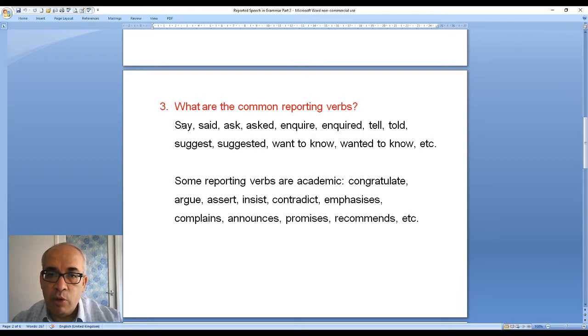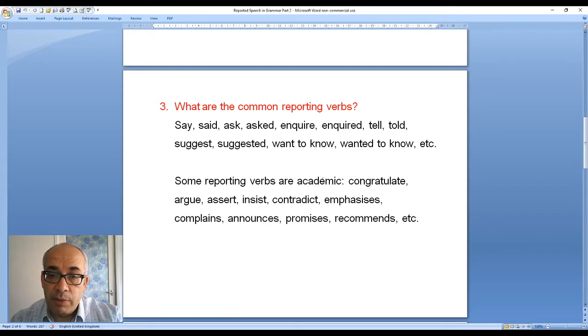So most of the time we use said, we use asked, we use inquired, we use told, we use suggested, we use wanted to know, etc. Of course, we can have more reporting verbs, but as I said, when we report, it is better to use verbs in the past, like he said, he told me, he asked, because reporting happens after someone says something.